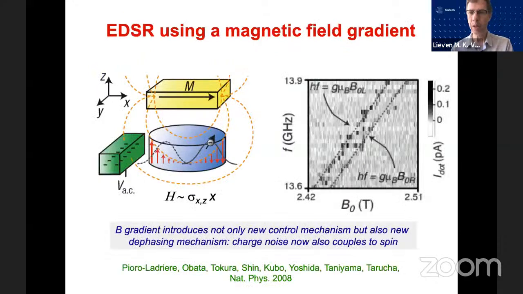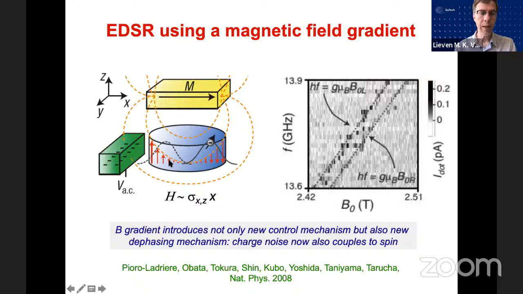And there is a third method, which has probably been used the most if you look at the literature, although I don't know yet if that's the one that's going to survive. This one came out of the group of Seigo Tarucha, and here they replaced this spin-orbit field by an externally engineered gradient magnetic field. There is a small piece of magnetic material like cobalt placed next to your quantum dot. This will produce an inhomogeneous magnetic field at the dot location.